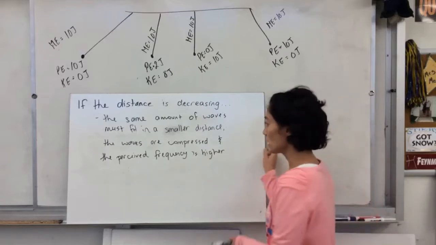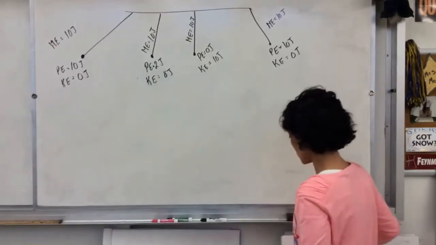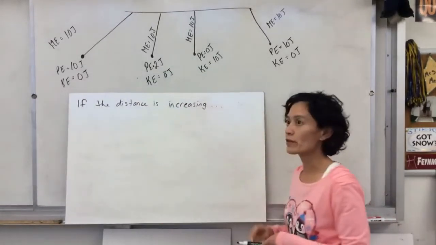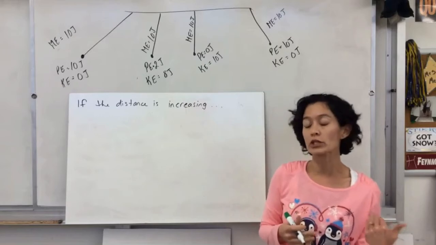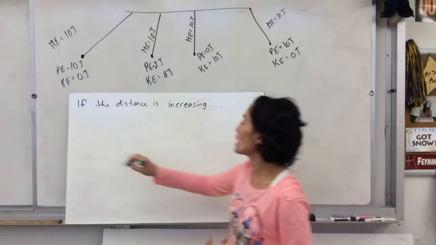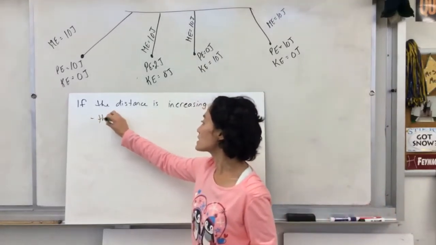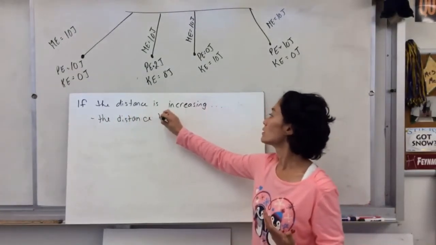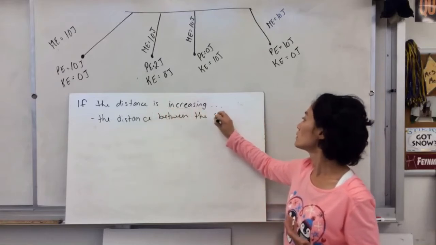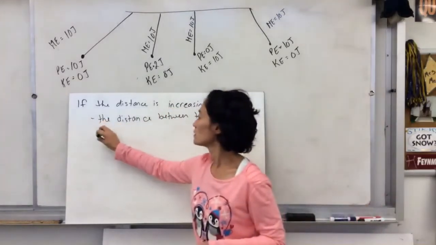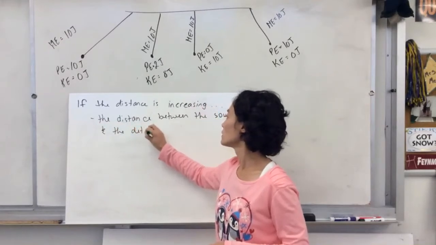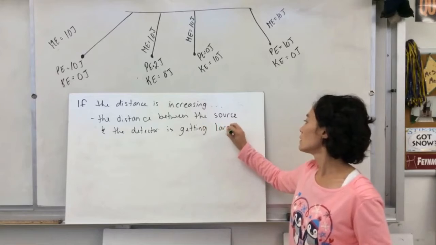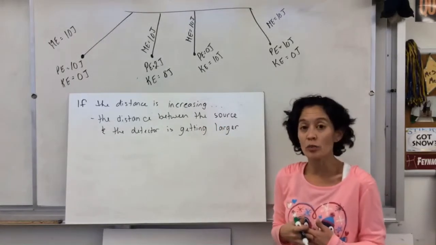The opposite is true if the distance is increasing. And when would the distance be increasing? The distance would be increasing if the source was moving away from the detector or the detector was moving away from the source. In this case, the distance between the source and the detector is getting larger, and so the same amount of waves now has to occupy a larger space.